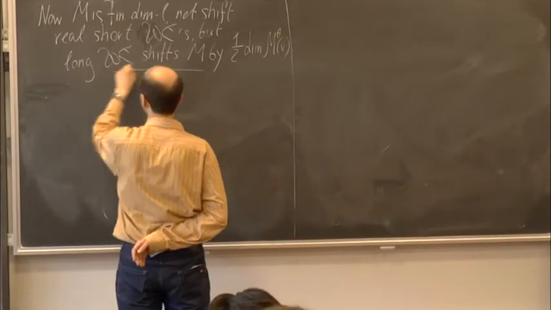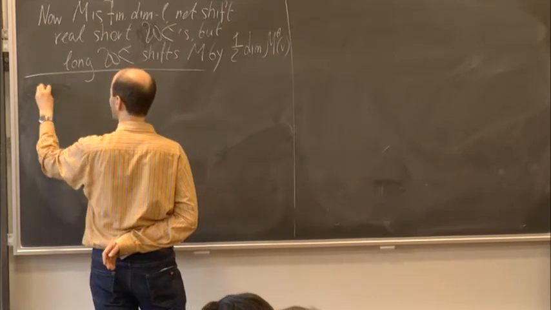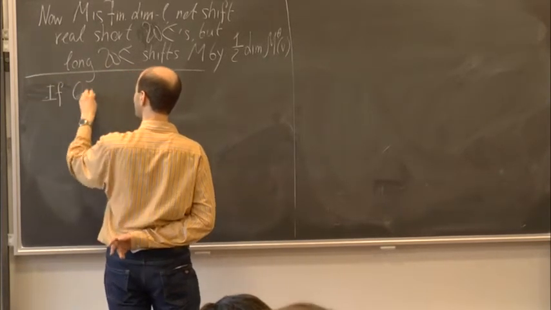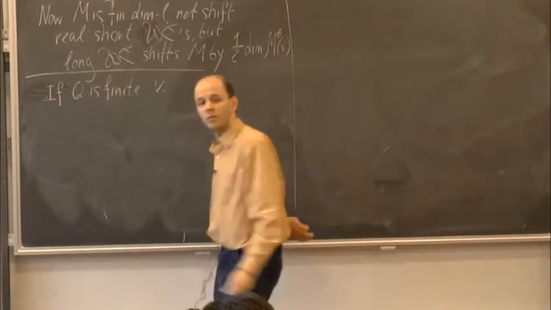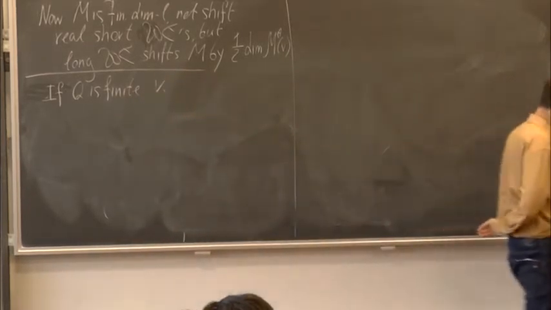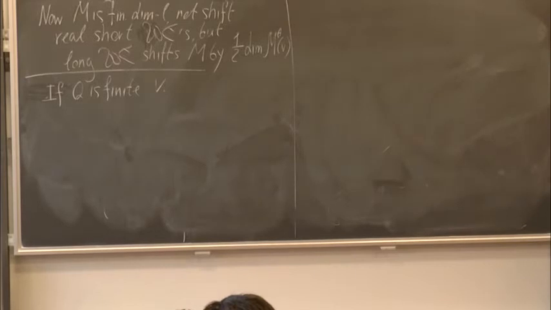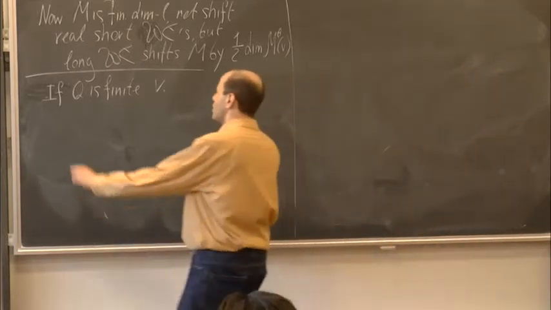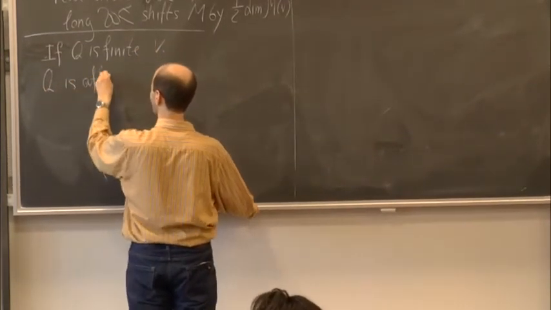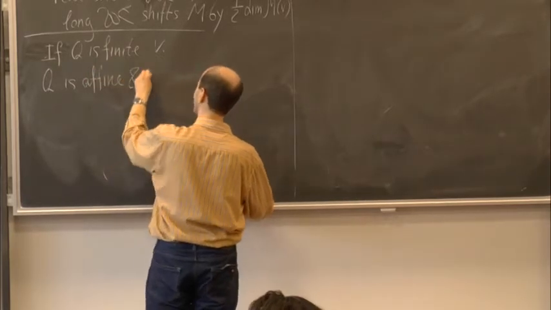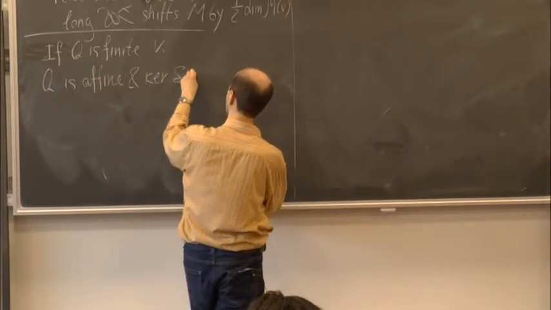So first of all, now if Q is finite, we are done. Because in the finite type, obviously, all roots are real, and that's it. Now suppose that Q is affine, and ker delta is essential.